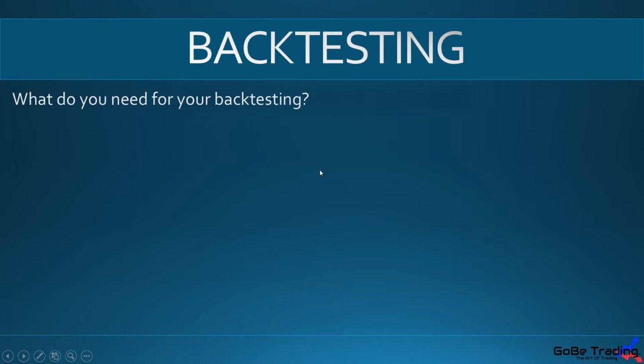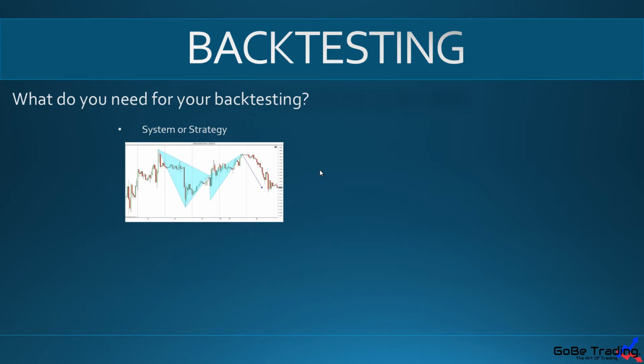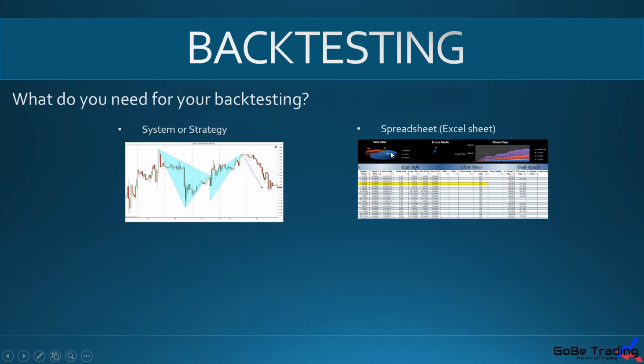What do you need for your back testing? The first thing that you need is a system or strategy. It's completely obvious. You need a system or strategy before you do your back testing. The next thing that you need, in my opinion, is a spreadsheet. I recommend the Excel spreadsheet. Why?